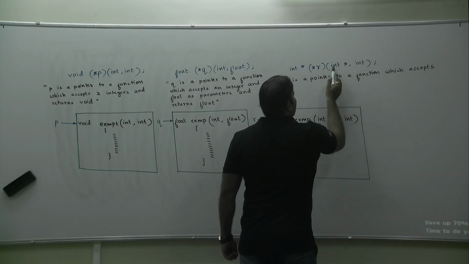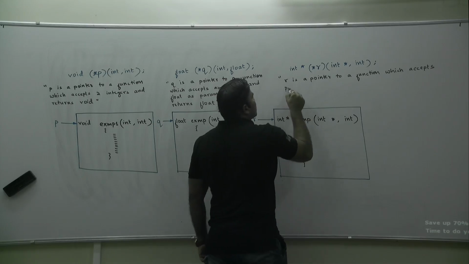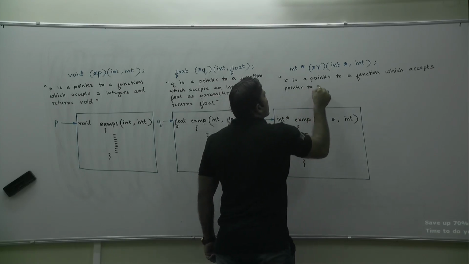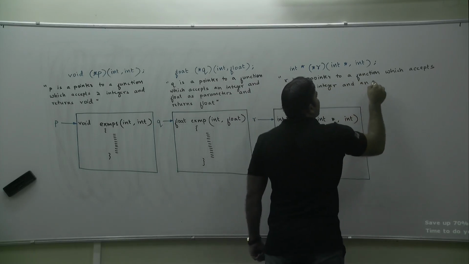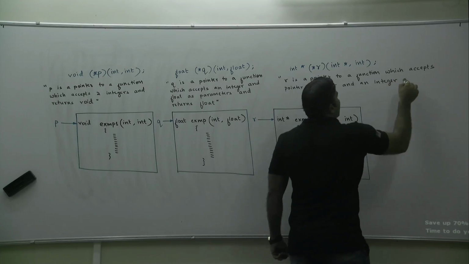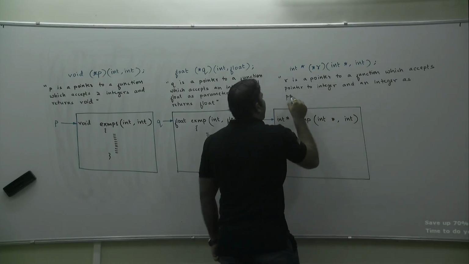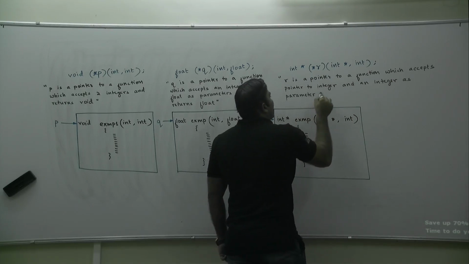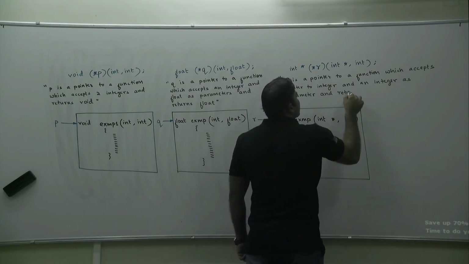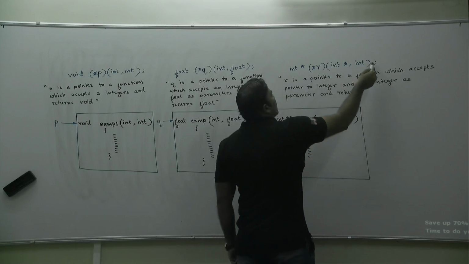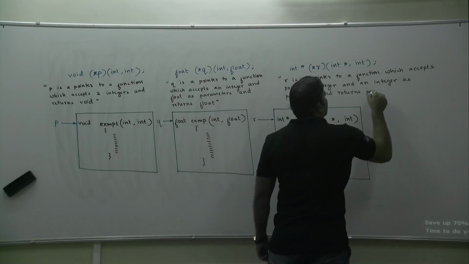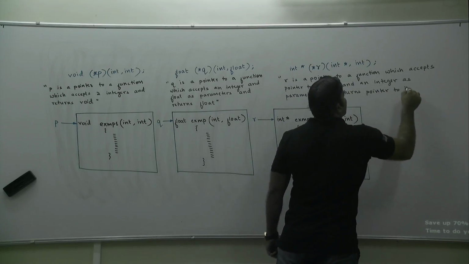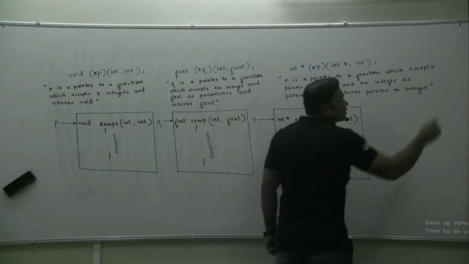Which accepts, you can tell it as integer pointer, or which accepts pointer to integer, and an integer as parameter, and returns, after hitting the dead end, step by step, and returns pointer to integer. You can tell it like this.